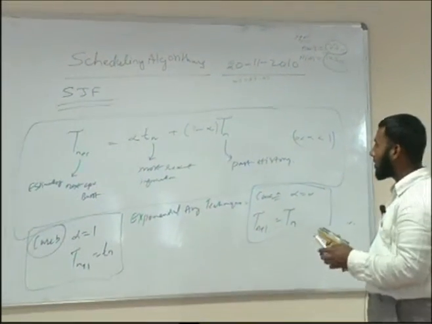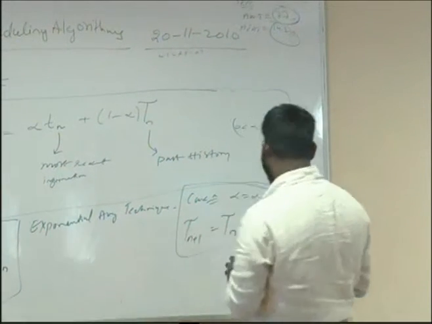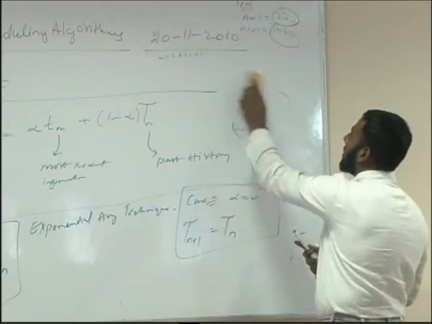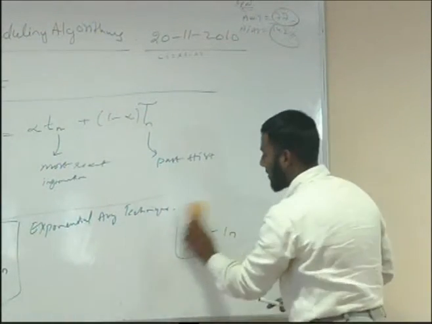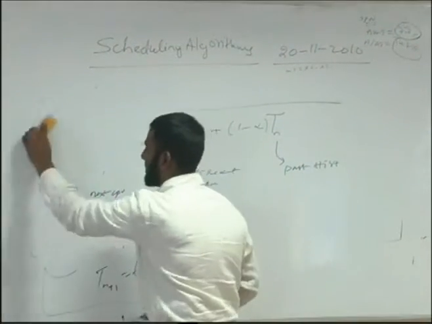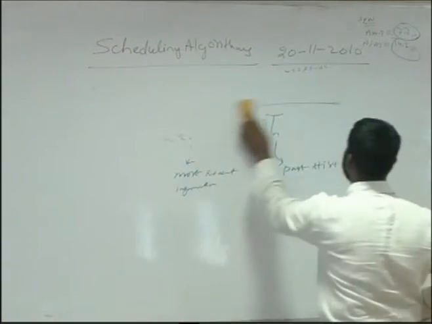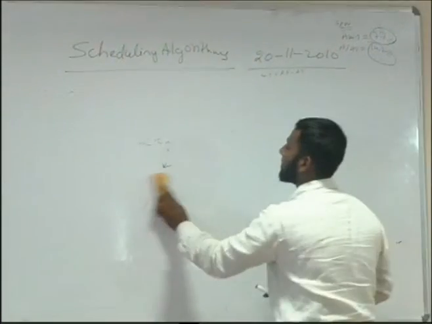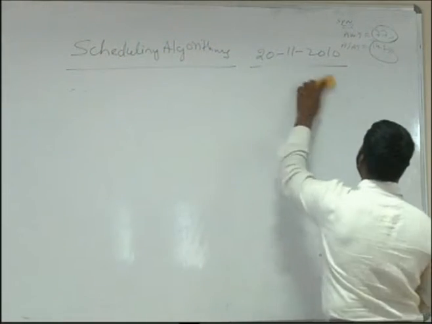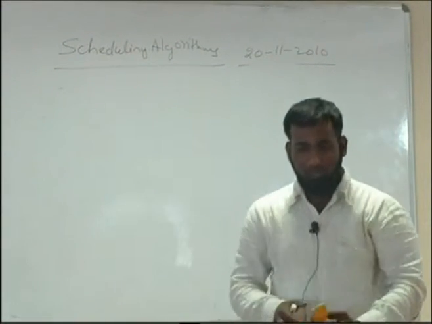Okay. So, with the help of this, we can estimate the next CPU burst. This can be understood better if we do one problem on it. So, we will take one problem, suppose a system is having n processes. I will just write the question. This is the question.